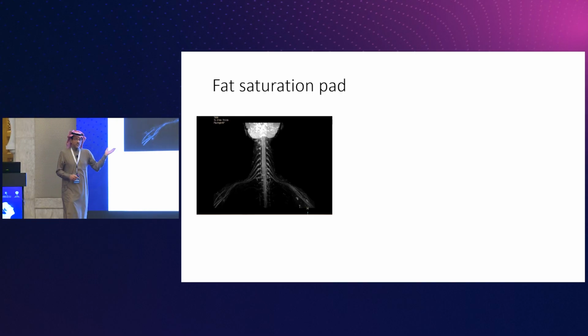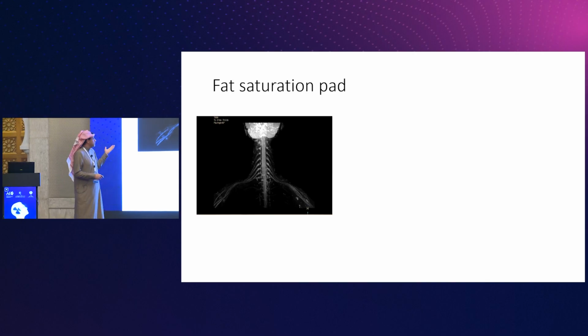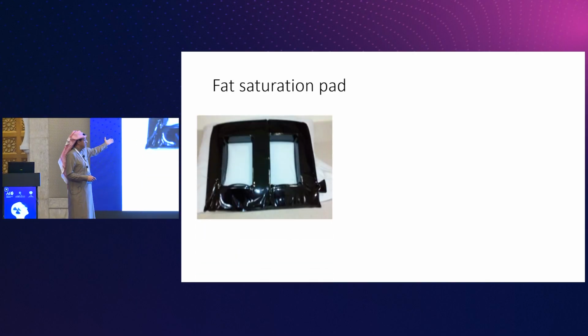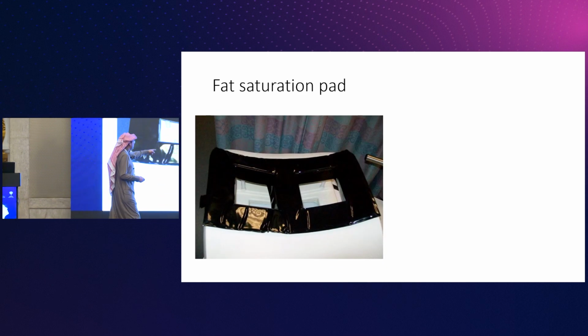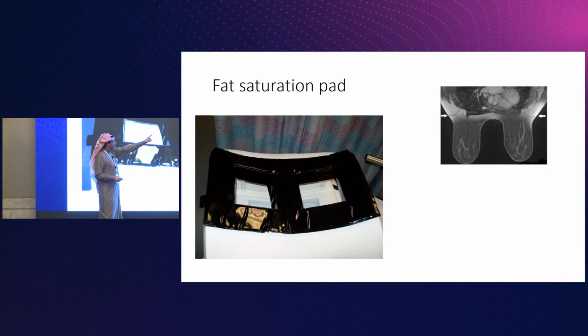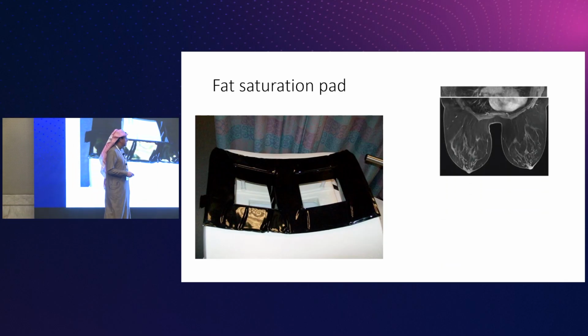This was invented for the brachial plexus. And they were wondering why we don't use it for breast. And they developed it into this pad. Okay, when you put it in the coil, this is the primary, and this is the result after the pad.